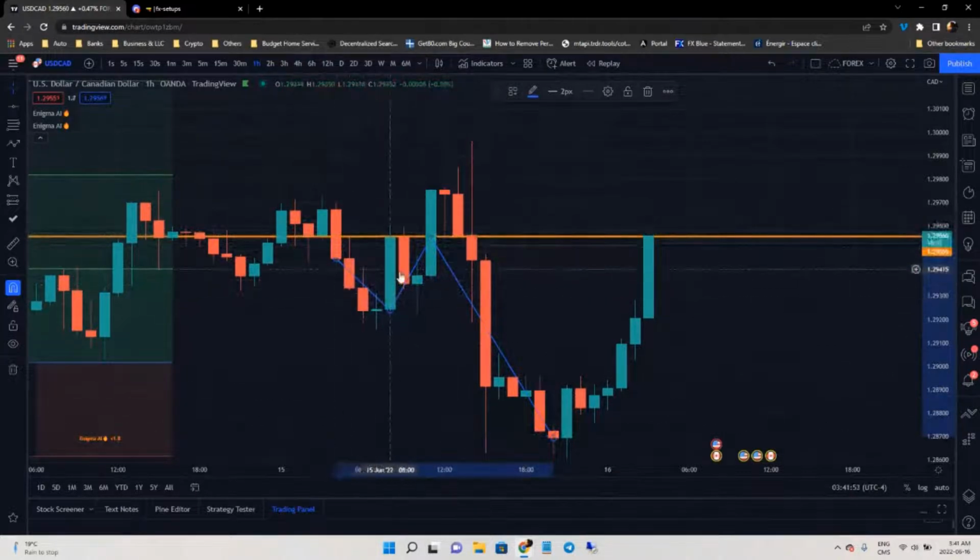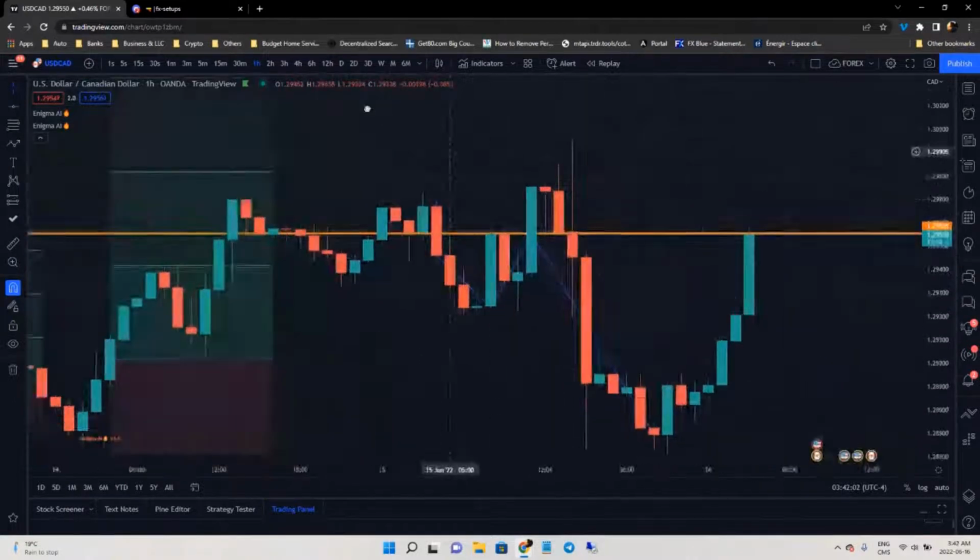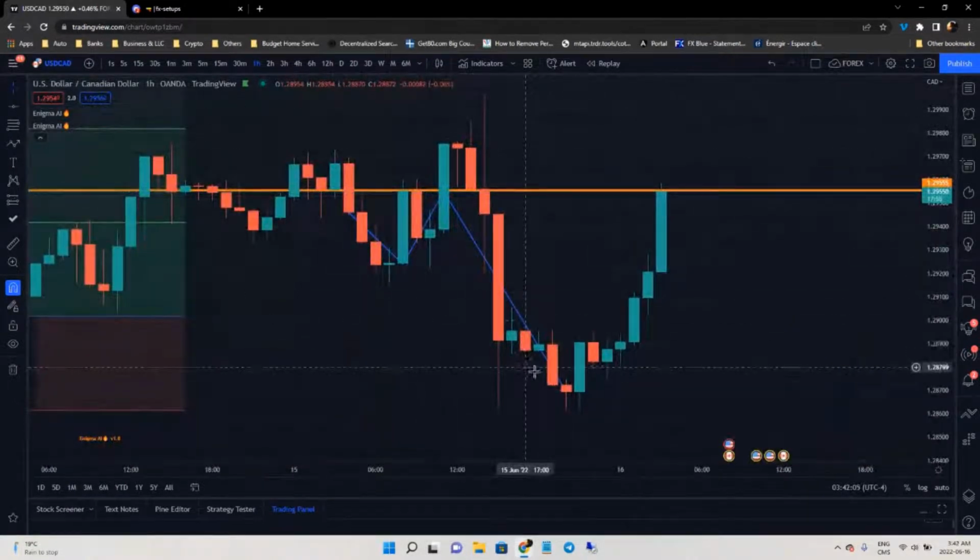But the price went higher. Why? Because there was still liquidity here to be taken, and then it pushed the price back down.